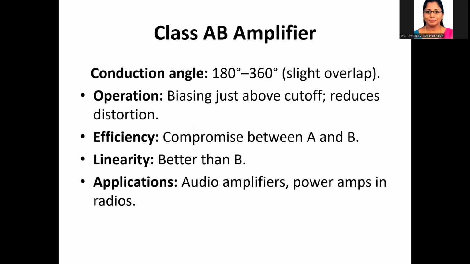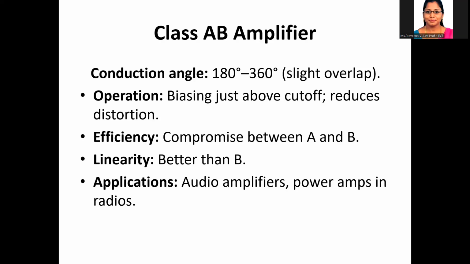Let us see the Class AB. Class AB is also a power amplifier. It combines the advantages of both Class A and Class B amplifiers. The transistors are biased slightly above the cutoff point, which allows the transistor to conduct for more than 180 degrees but less than 360 degrees. That is the main difference.